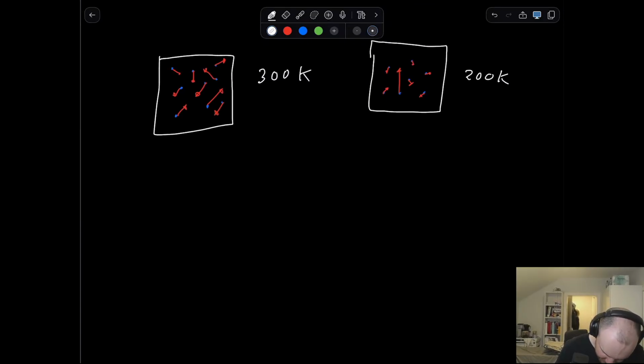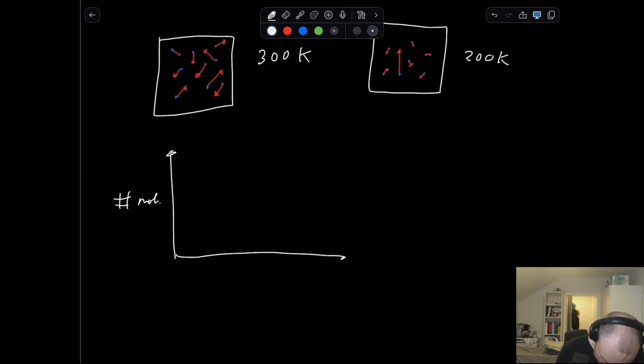Then I could create a distribution where I measured the number of molecules against the speed, or velocity. We are going to use the vector form, but I could just say speed. It's all right.